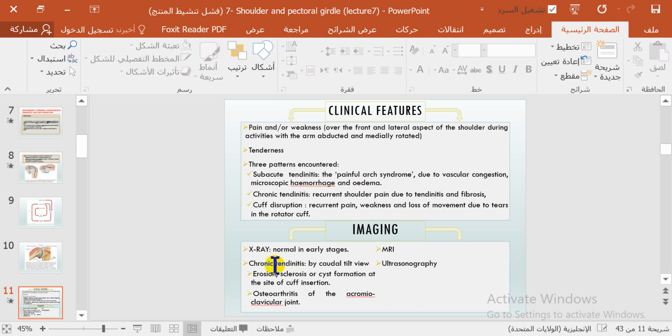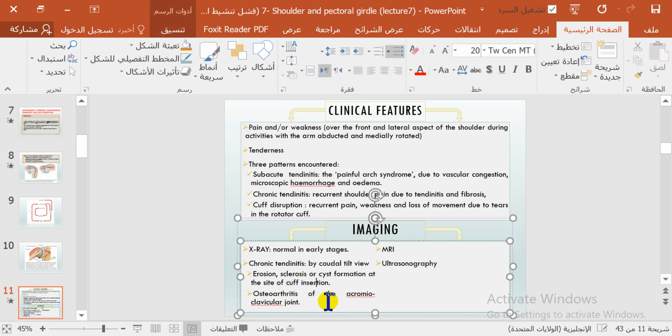Imaging: the X-ray is normal in the early stage. In chronic tendinitis, by caudal tilt view, you may see narrowing of the joint space, erosion, sclerosis, or cyst formation at the site of the cuff insertion, and osteoarthritis of the acromioclavicular joint.